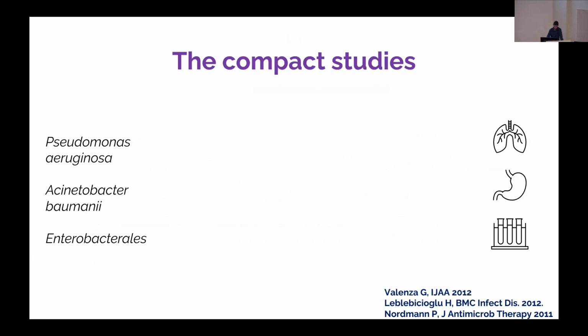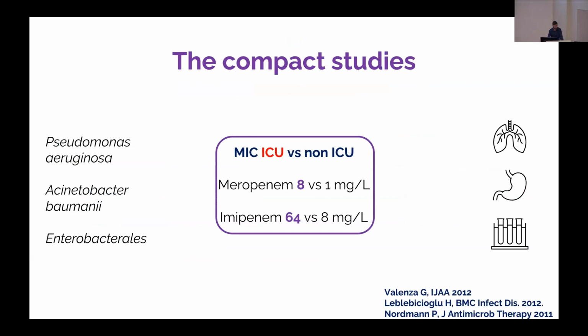A couple of years ago, the COMPACT studies reported that for different bacteria species and different types of infection, MIC for carbapenem was quite different between ICU and non-ICU patients. In ICU patients, MIC was 8 times higher than in non-ICU patients.